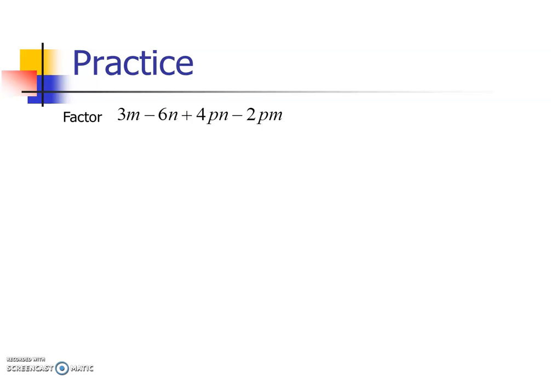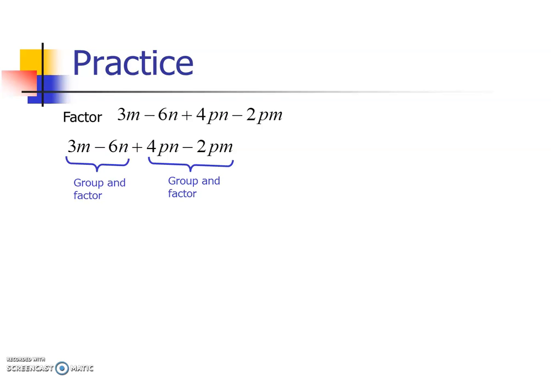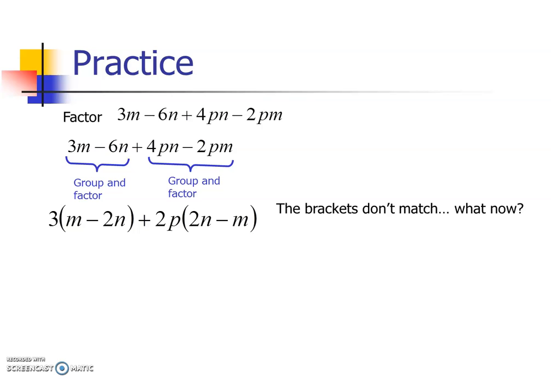Okay, something weird's going to happen on this one. Let's take a look. I'm going to take out the 3 from the first pair, and I'm going to take out a 2p from the second pair. The brackets don't really match, do they? They're close, and we've seen this before. They are reversed subtractions. So we're going to use that concept of swapposite to turn the 2n minus m around.